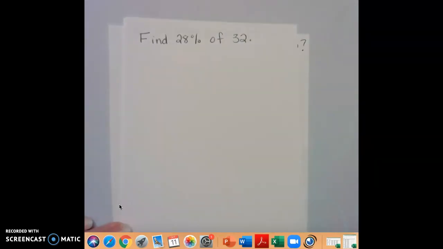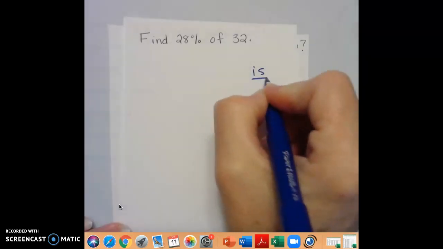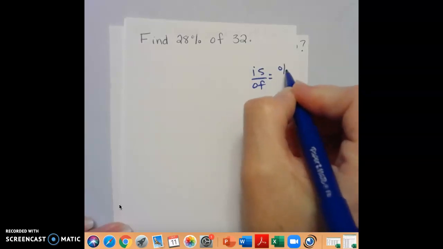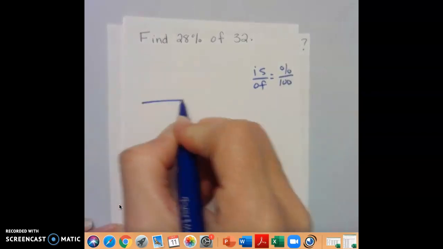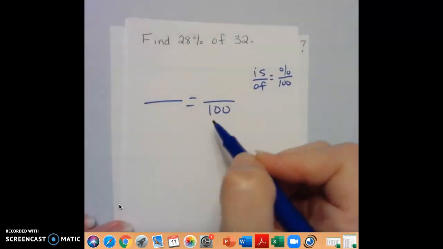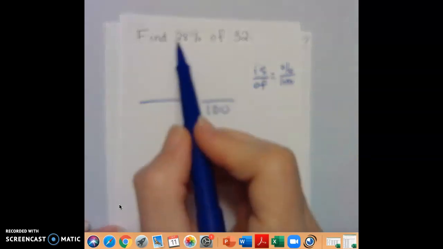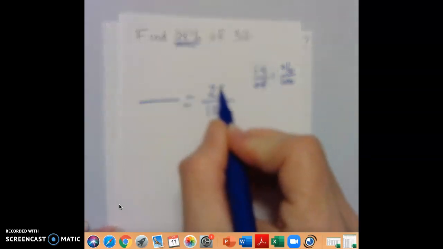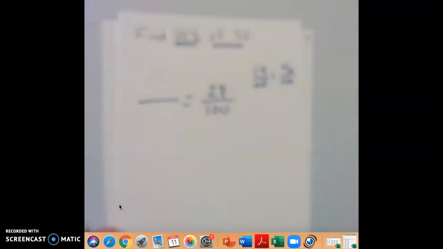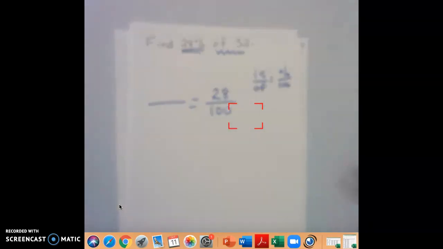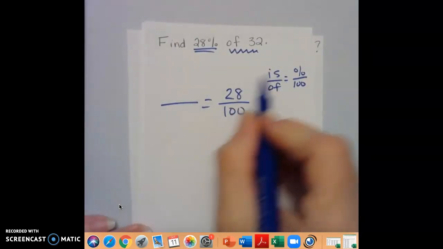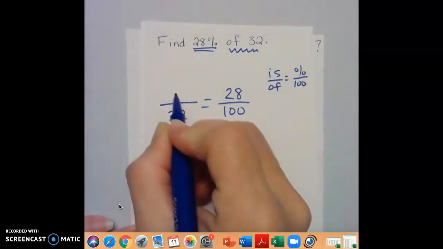So let's look at this one and make sure it still works for us. So is over of, remember is the part and of is the whole, and that's percent over 100. So proportions are kind of like puzzles, and we got to put all the puzzle pieces in the right place. So I easily recognize, okay, there's a percent, and then it says of 32. So remember of goes on the bottom, and then we have x.